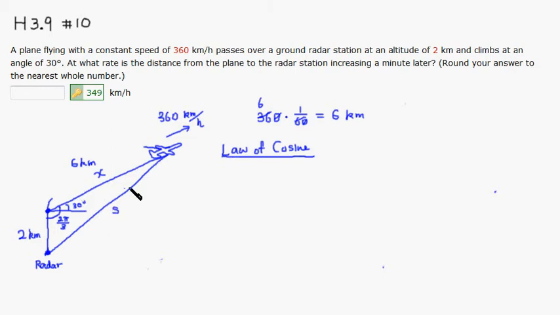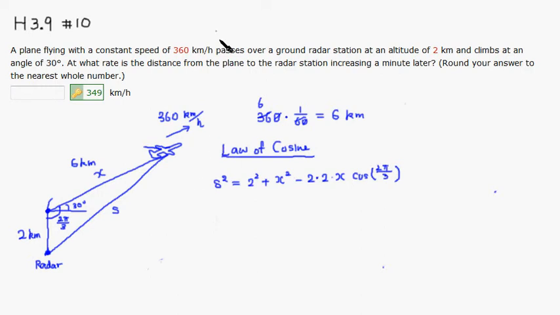Then by using the law of cosines, s squared is equal to 2 squared plus x squared minus 2 times x times cosine of the angle, which is 2 pi over 3. So that's the law of cosines.